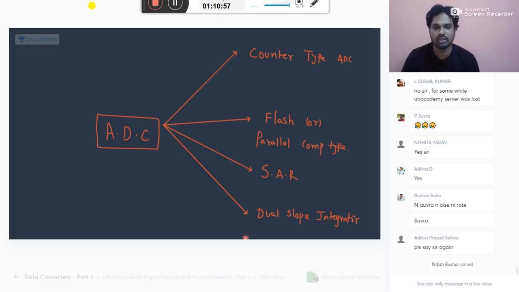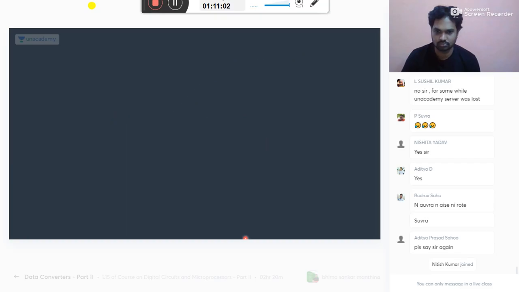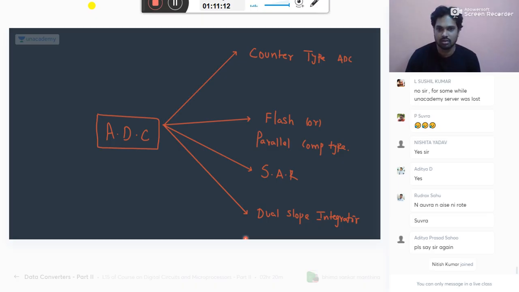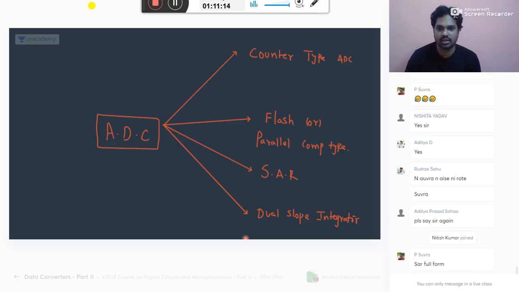So these are the different ADCs we are going to discuss now. So the first one we are going to discuss is this one. What is that? SAR, successive approximation. When it comes, we discuss anyway. That's why I haven't written.